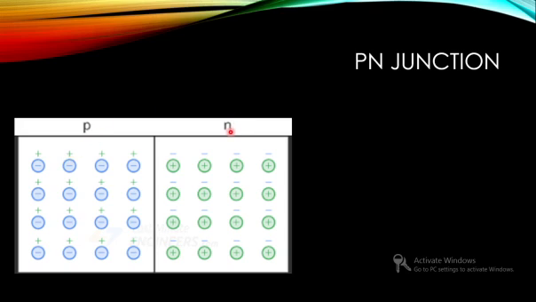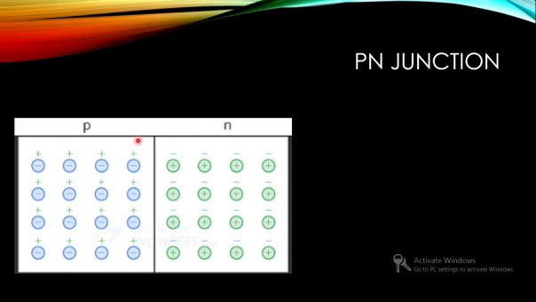Similarly, in the case of an n-type semiconductor, you dope it with donors, which are pentavalent atoms. They can donate one electron, and hence they will act as negatively charged majority carriers, and hence the name n-type semiconductors.